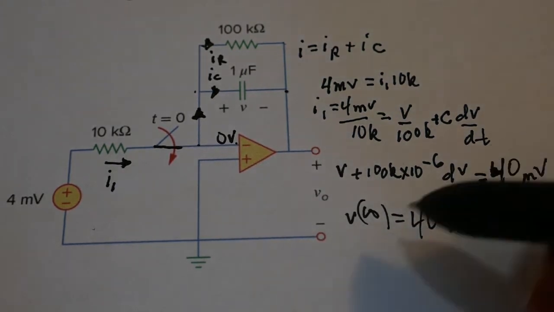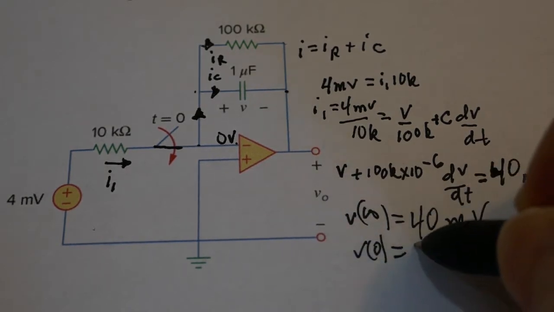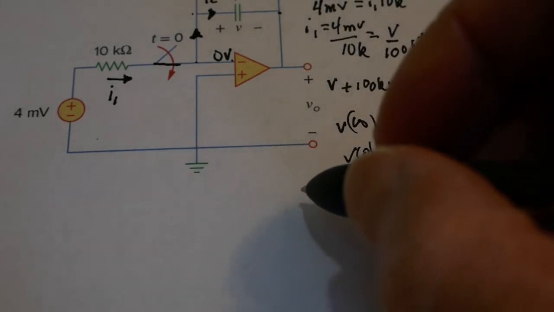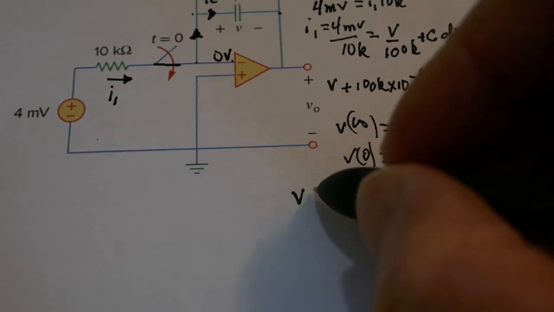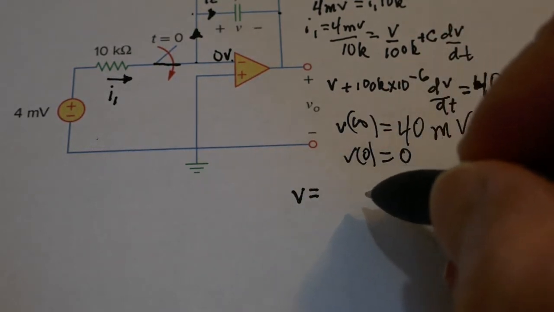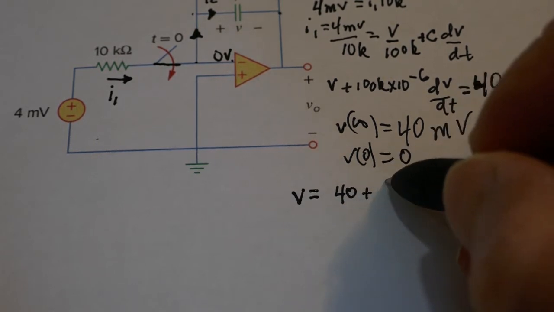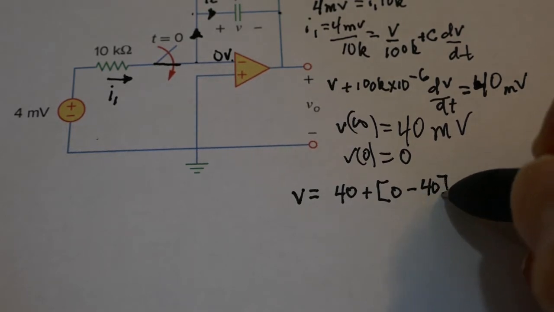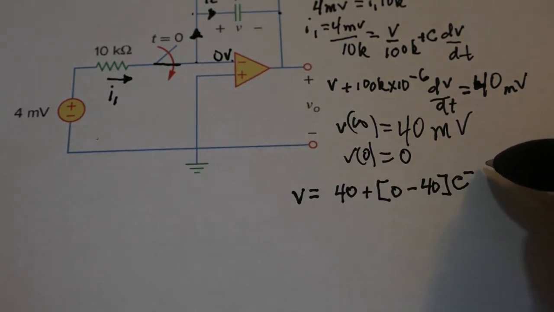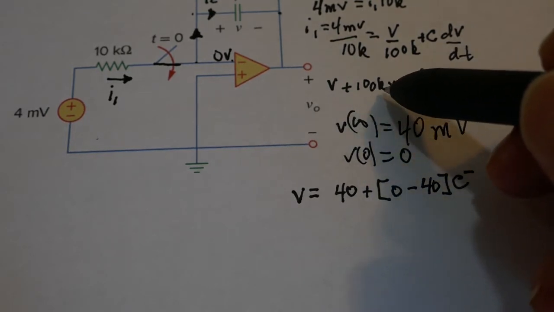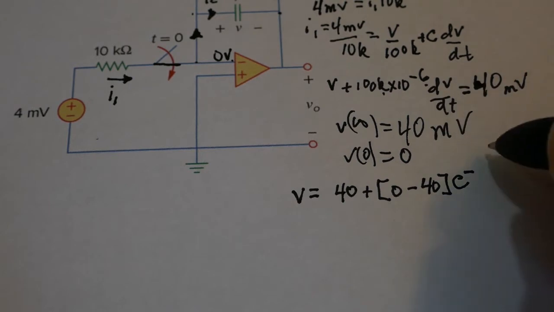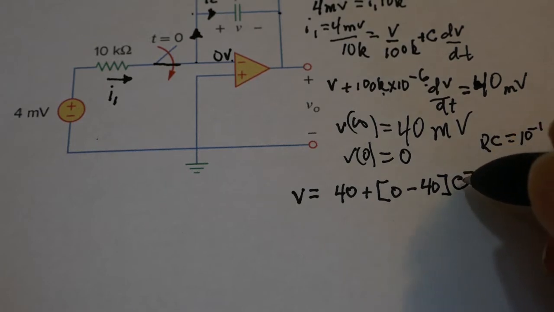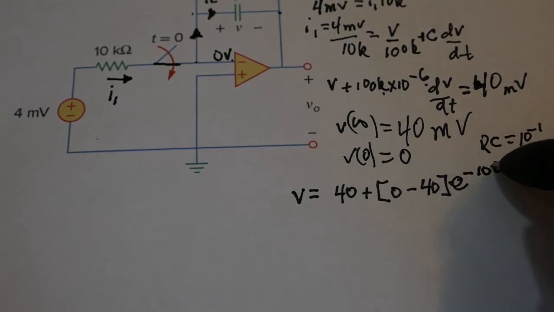Okay, V0 we said was 0, and therefore we can find the solution, which is across the capacitor anyway, V is equal to V infinity 40 plus V0, 0 minus V infinity 40 times e to the minus t over RC. Well, RC is 10 to the 5th times 10 to the minus 6, so RC is equal to 10 to the minus 1, or 1 over RC is 10, e to the minus 10t.